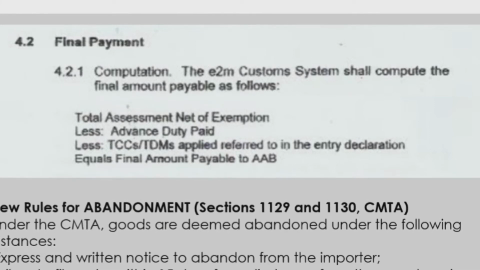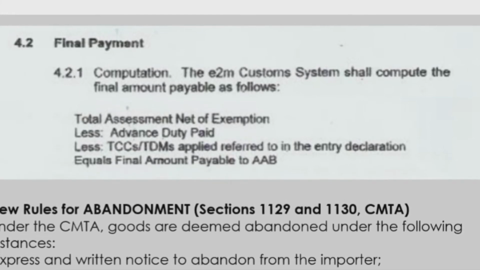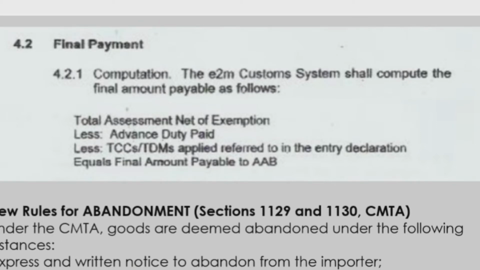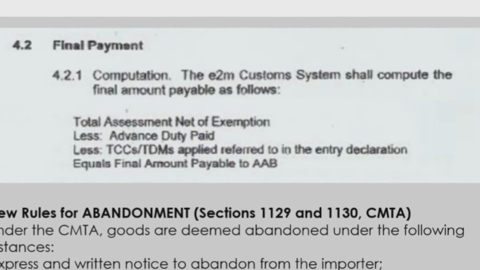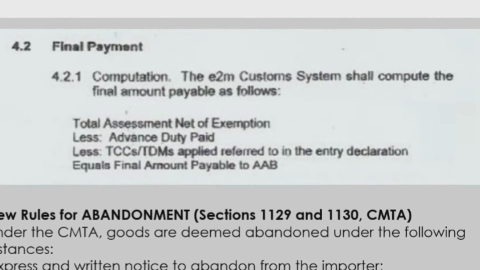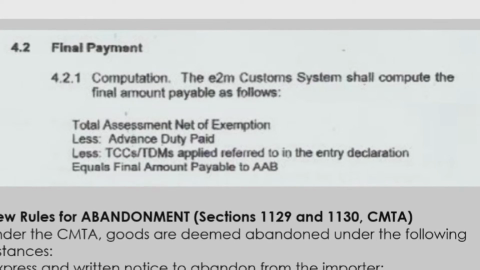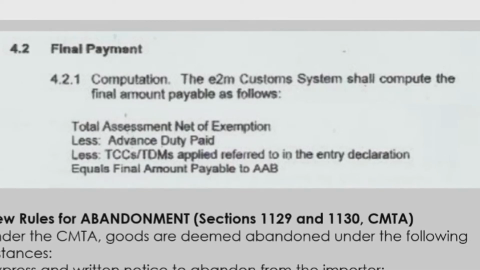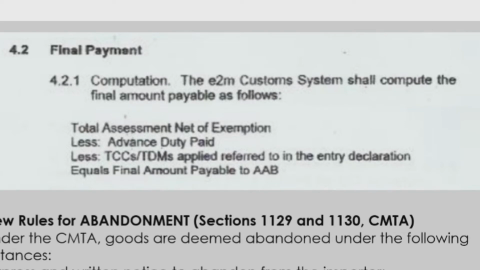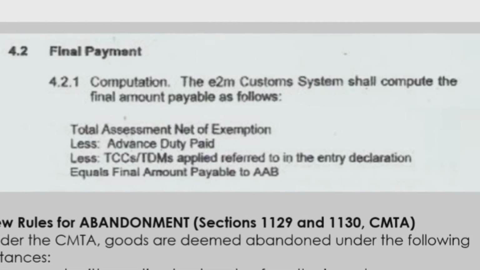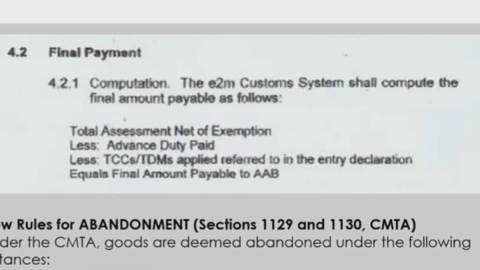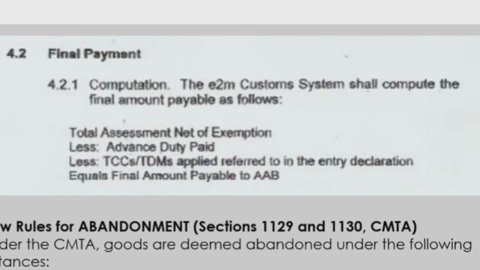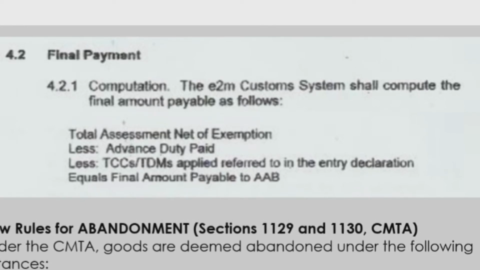So for you to be able to know your final amount payable, you just need to subtract your advance duty paid, or if ever there have been TCCs or TDMs that have been applied before the entry declaration or any letter of credit, shall be subtracted from the total assessment net of the exemption. So that is how you get the final amount payable to the BOC.